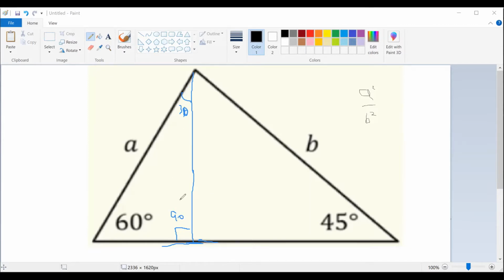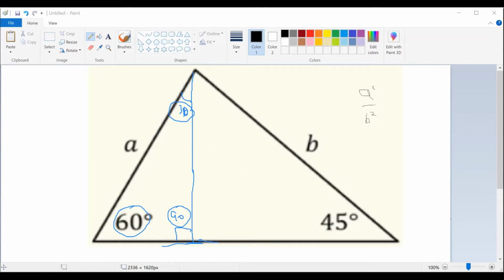You can know this is 30 by looking at these two angles. So you know this is 60 for sure. And since this is perpendicular, you know that this is 90. All the angles add up to 180, so this must be 30.